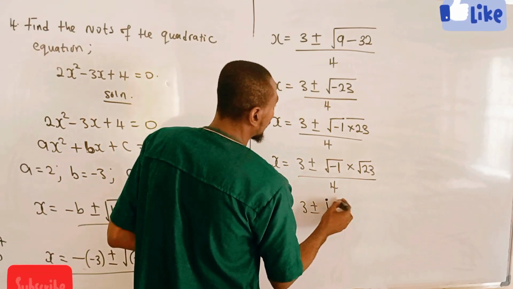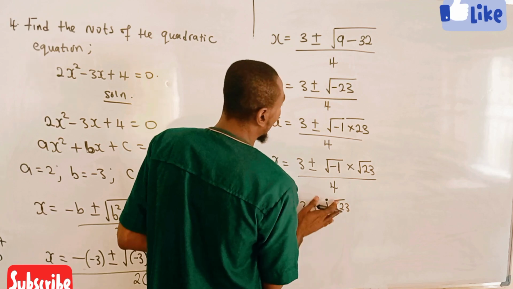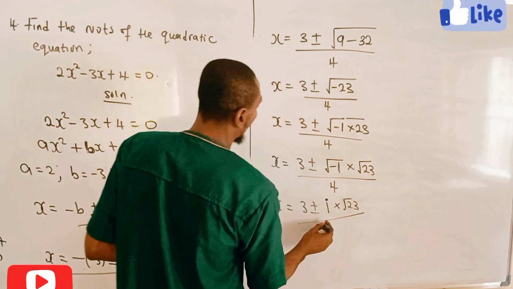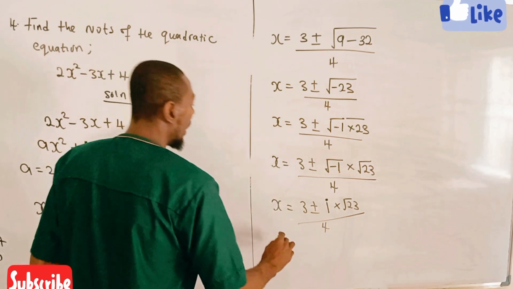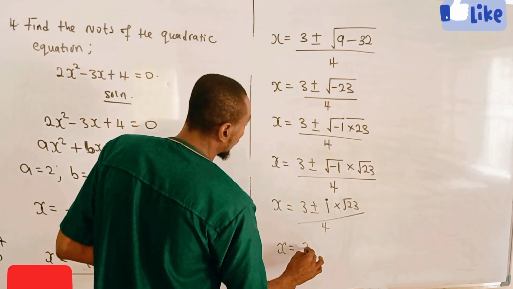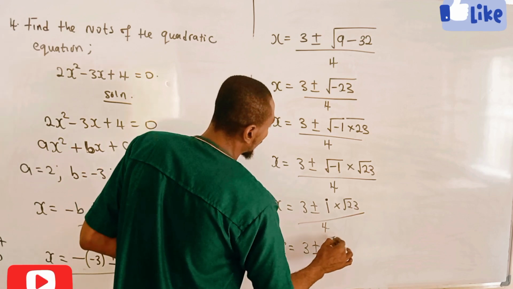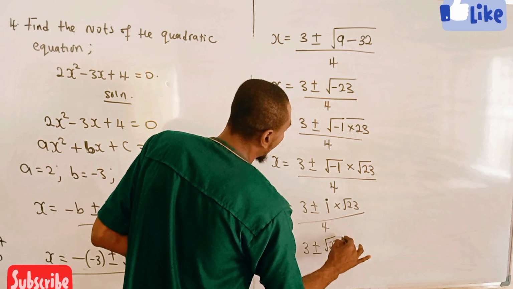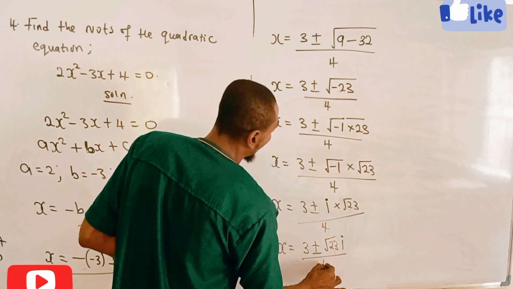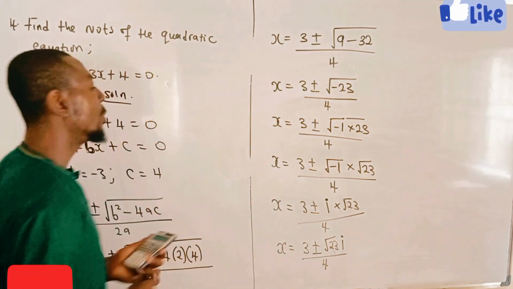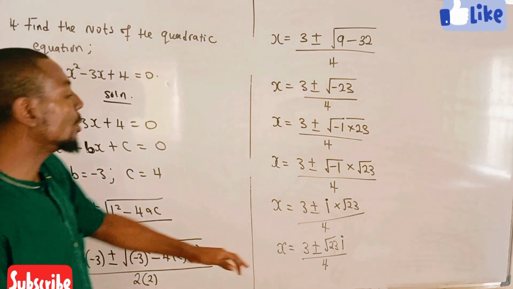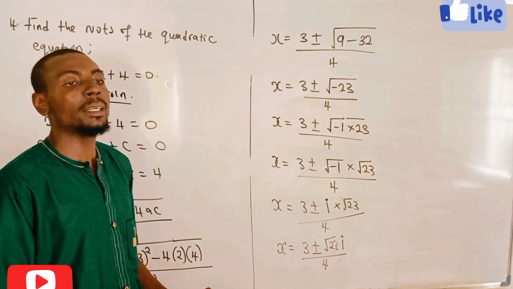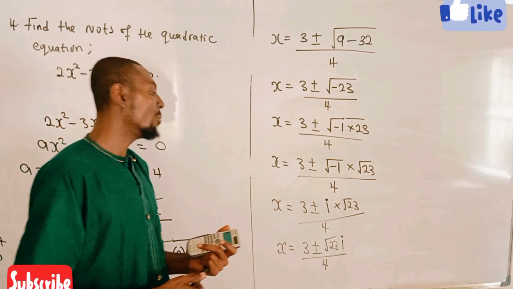Okay, so we have i surd 23, that's i multiplied by surd 23, all over 4. Okay, so finally the answer becomes x is equal to 3 plus or minus surd 23 i all over 4. If you want to split it now, you can use plus first to get the first value of x and then minus to get the second value of x.